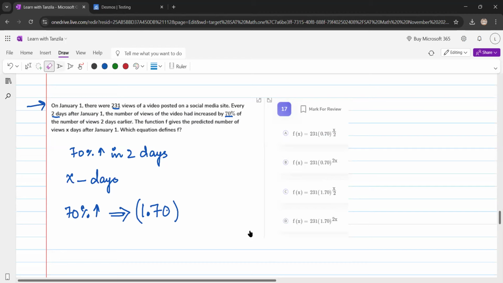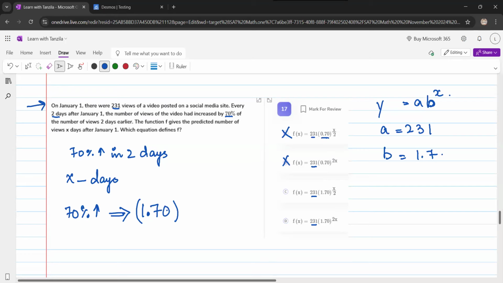If you look at the basic exponential equation, y equals a times b to the power x, here a is the initial value, which would be your 231. Everywhere you see there is 231, so we cannot make any judgment about that. B is 1.7, the growth factor. So 0.7 is out of the question, gone. Now you're left with C and D.